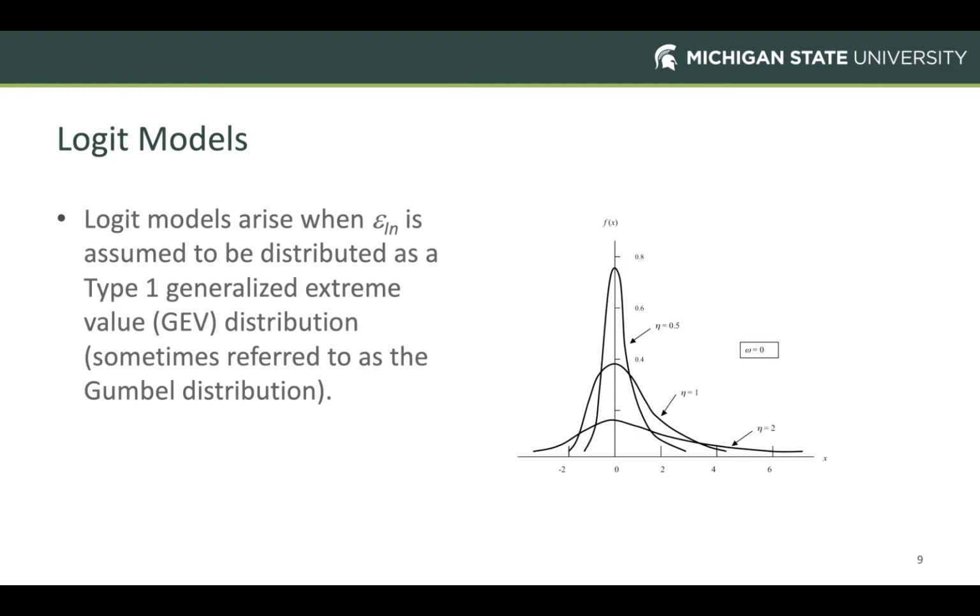Whereas the logit model is a bit more friendly. It has a nice closed form solution because one aspect of the generalized extreme value distribution is that the maximums of values drawn from this distribution are also distributed as generalized extreme values. So we don't have the same problem we do in the multinomial probit case.